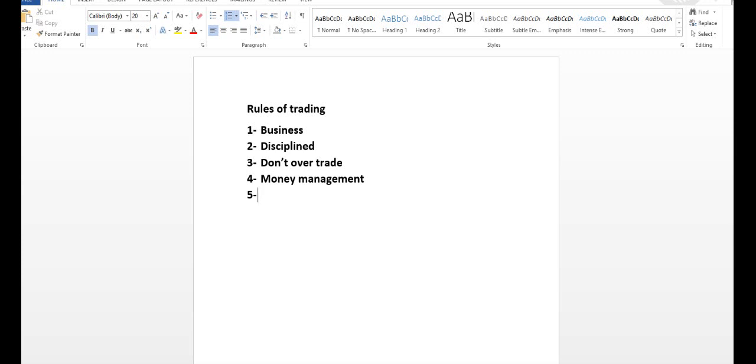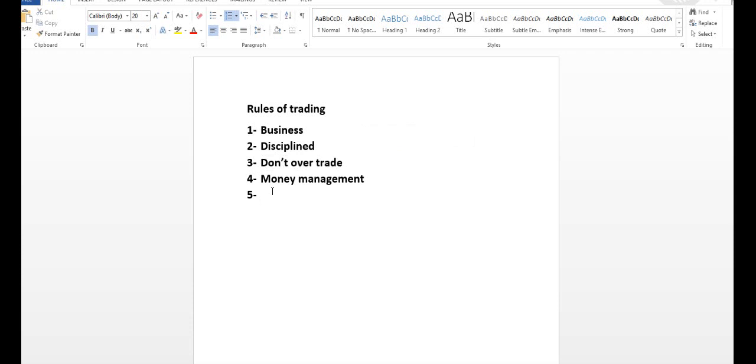Under money management, you should make provision for losses, because there is nothing like 100% in what you're doing. You've got to make room for gains and losses. But the ability to recover from your losses is what makes you a better trader. And like I said, don't overtrade, which is the major thing there.